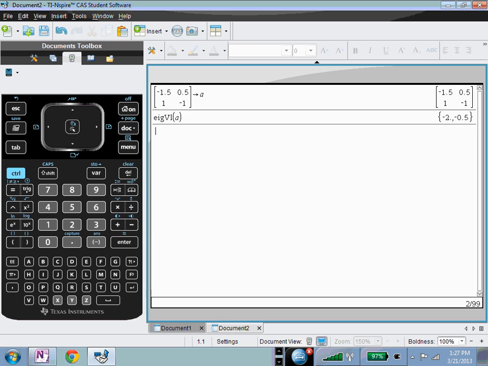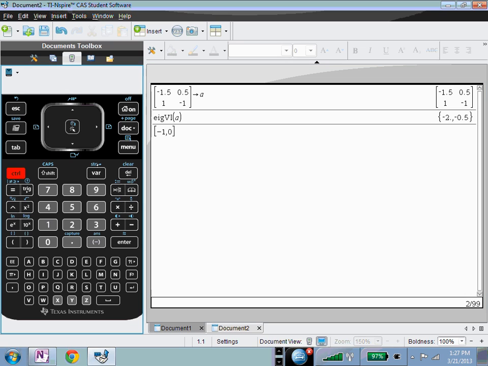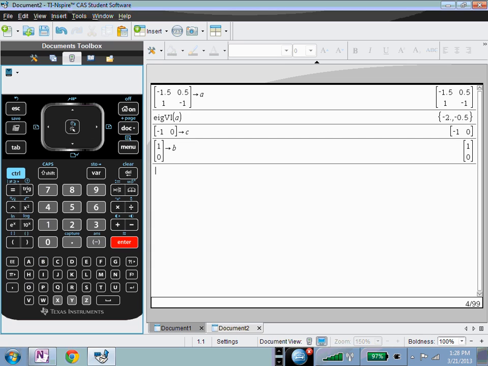Let's now create our output matrix C, which was minus 1, 0. And now I have to remember how I did this. Let me say store that into C. And I need my input matrix, and that was 1 semicolon 0 to give me the column structure of B. Let me store that in B. And there's my B vector.